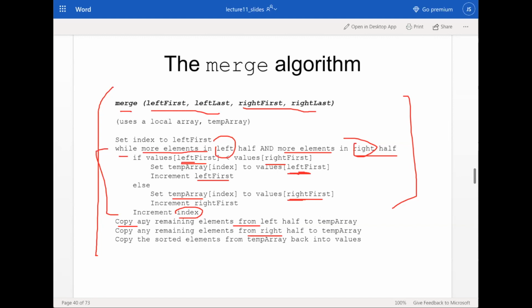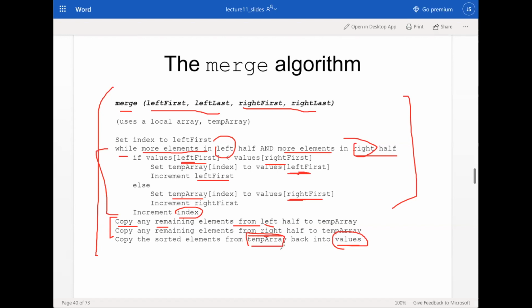So if there is any remaining left or right at the end of this while loop, what you do is copy the remaining elements from the left to temporary, or the right. So this is an OR. And then after you're done, you can copy the temporary array back into the original. So this is your entire original buffer, which was unsorted.